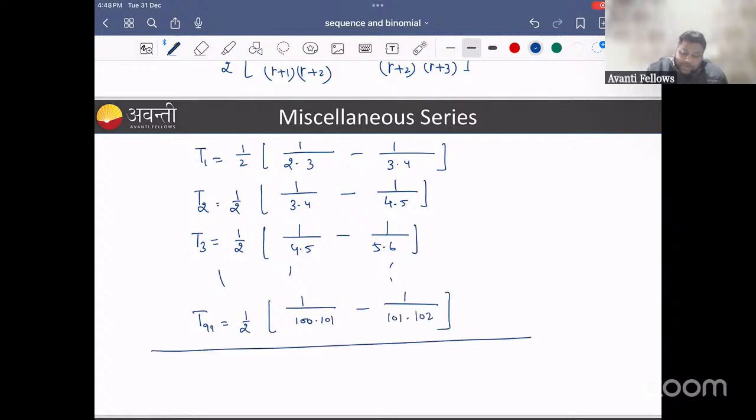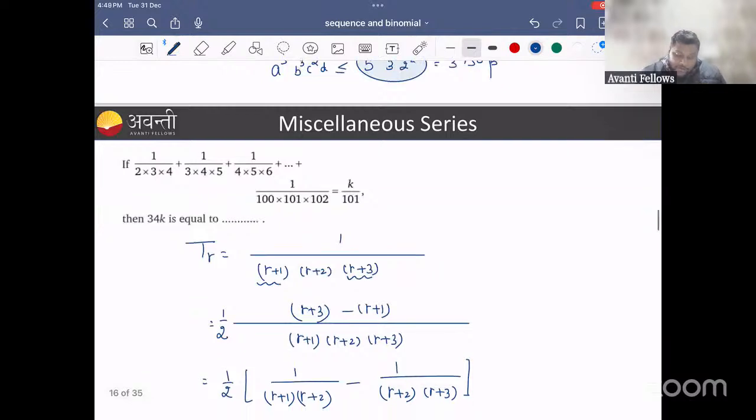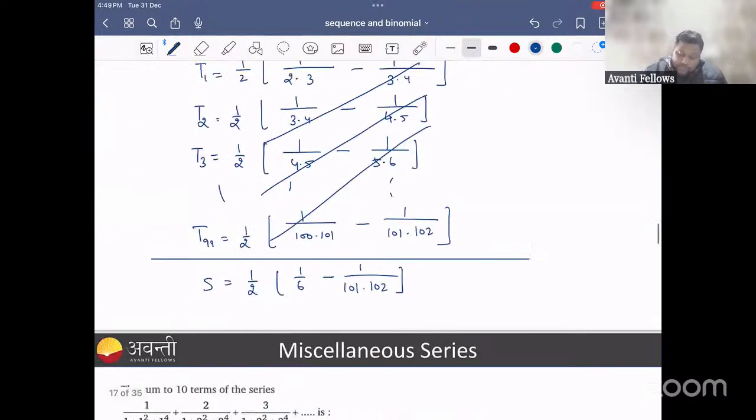Now when I add all of them, you see they cancel. So what are you left with? There are 99 terms. So the sum of these 99 terms is half of 1 by 6 minus 1 upon 101 into 102. Got it? Now if you simplify it, you will get your correct answer.